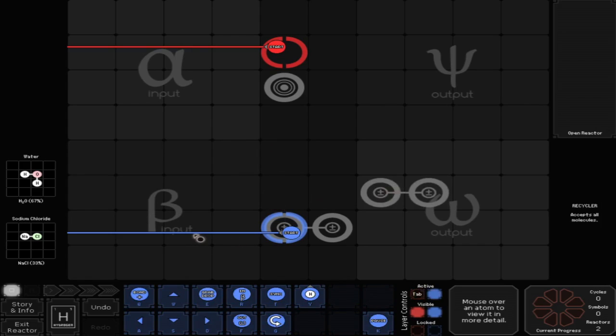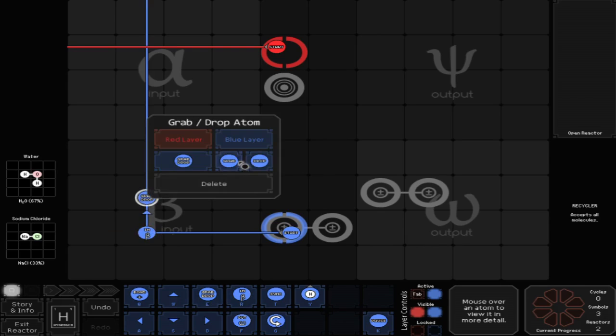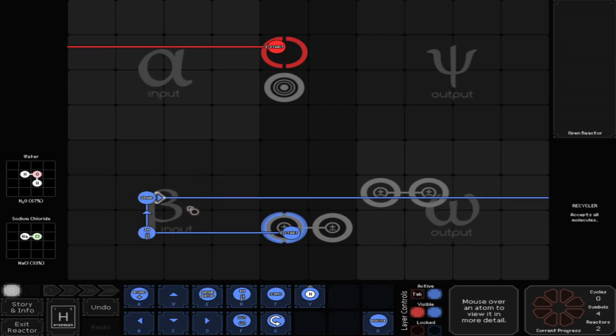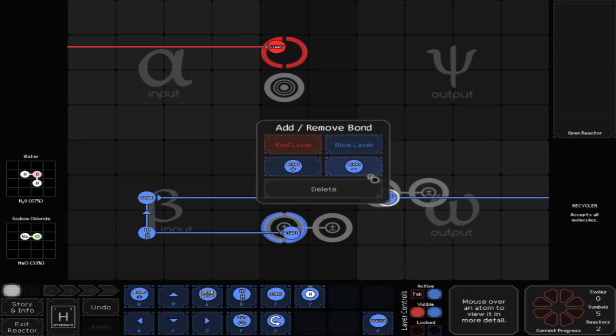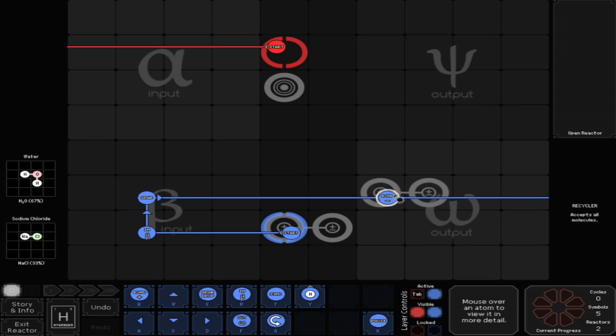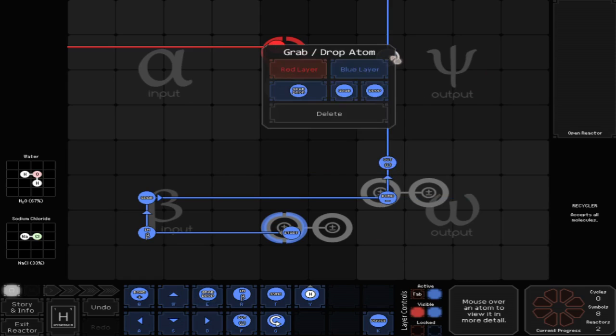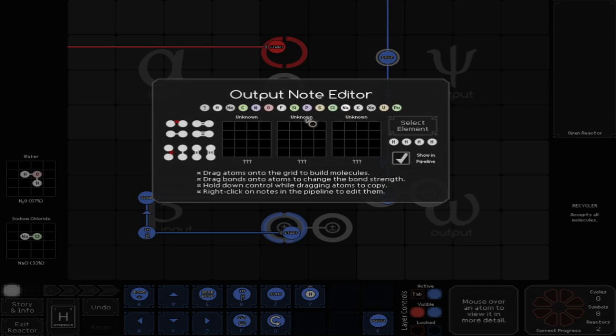Blue can go ahead and call in a molecule, grab it. Now, according to this note, you will either grab onto a hydrogen atom or a sodium atom. You'll haul it over here, cut off the part of the molecules that I don't want, chuck them out, and then just drop them over here.